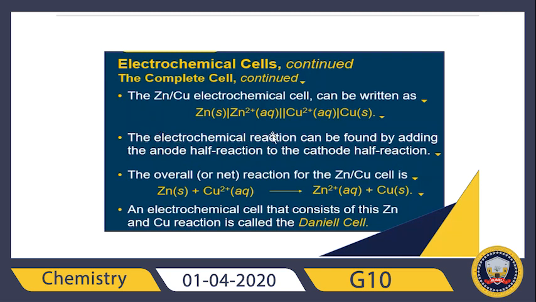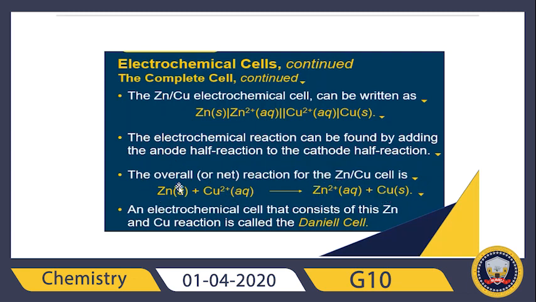So now the electrochemical reaction can be found by adding the anode half reaction to the cathode half reaction. The overall or net reaction for the zinc copper cell will be as follows, guys. Zinc plus copper ions will yield what? Will yield zinc ions and copper atoms.